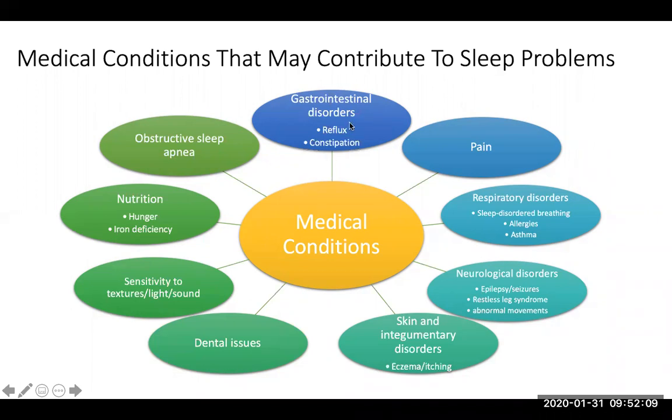Reflux can be a tough one when kids are having feeding difficulties or sleeping difficulties, because sometimes the symptoms, the pain after the meal, which is a symptom of reflux, or the vomiting, are not totally clear.